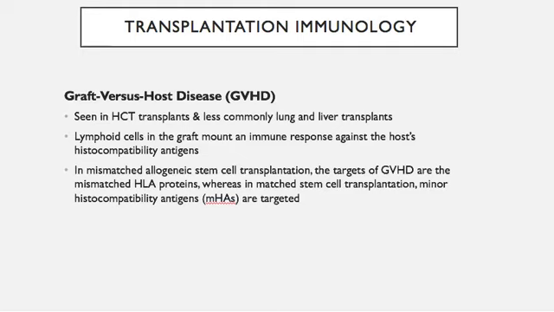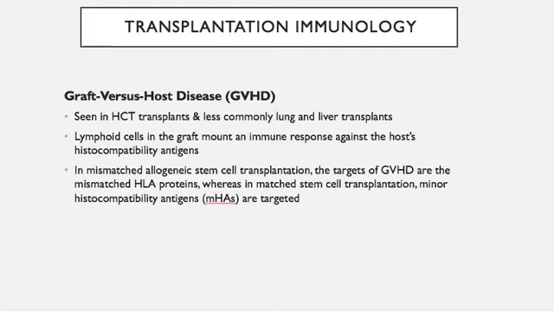Graft versus host disease is seen in HCT transplants, less commonly in lung and liver transplants. Lymphoid cells in the graft mount an immune response against the host's histocompatibility antigens.